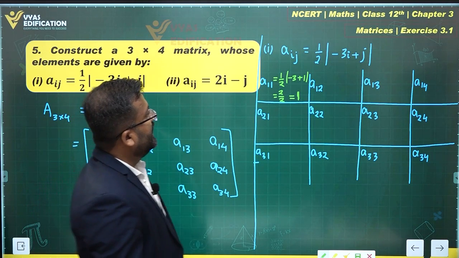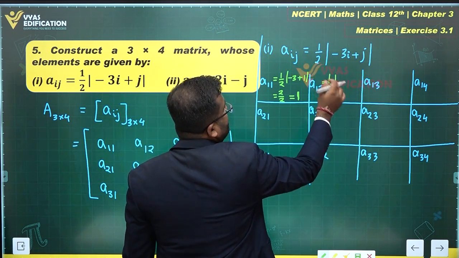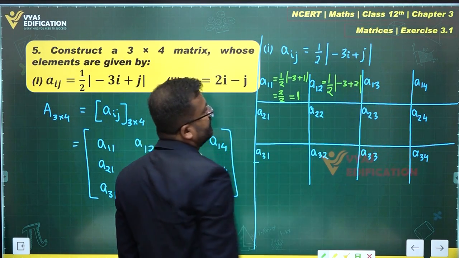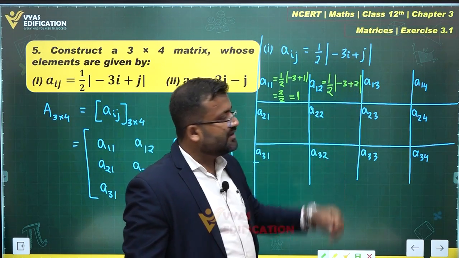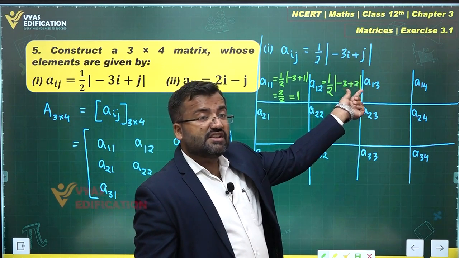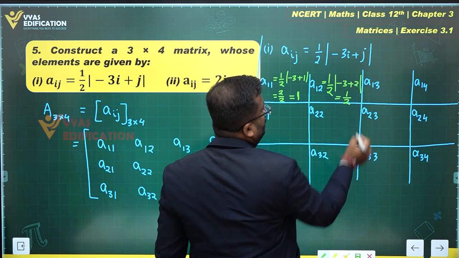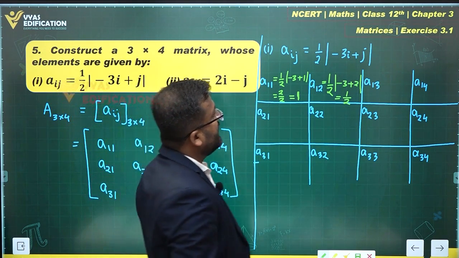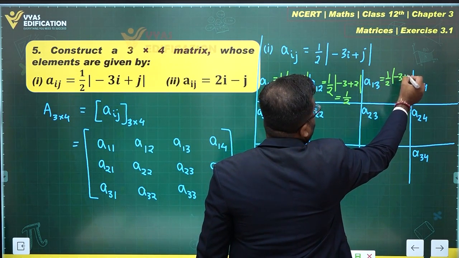Next, A12. A12 would be equal to 1 by 2 modulus. This is minus 3 plus 2 modulus. Minus 3 times 1 plus 2. This is what you get. What is this equal to? This is minus 1. The modulus is 1 upon 2. So this is equal to 1 over 2 over here. What happens in case of A13? This is equal to half modulus minus 3 plus 3.